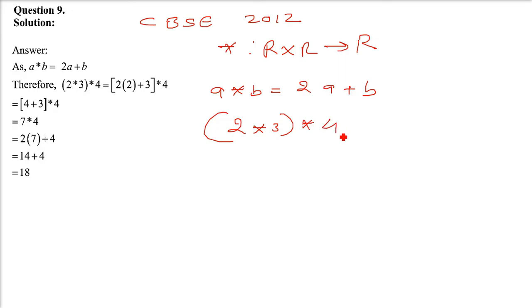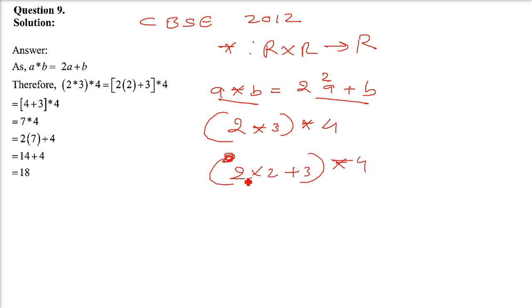Now what you have to do is first use 2 and 3 as a and b. First take a as 2 and b as 3. And then whatever the value is there, just put it in the place of 2 star 3 and then operate it for 4. So 2 into 2 plus 3, I have taken a as 2, b as 3.